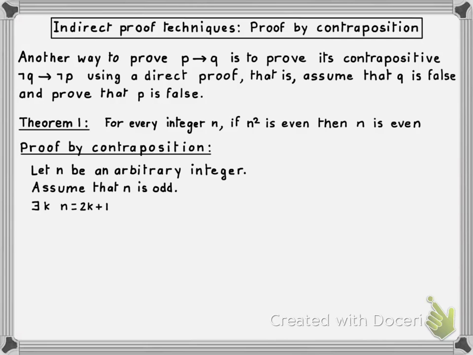How are we going to prove that n squared is also odd? By using the definition, we need to find an expression for n squared. Since we have already an expression for n, we simply square this expression. So what we get by squaring both sides of this equality is n squared is equal to (2k plus 1) squared.